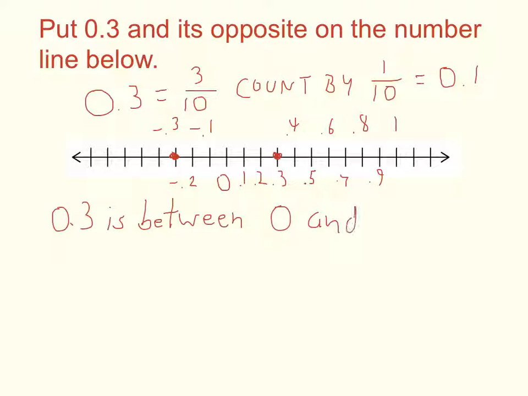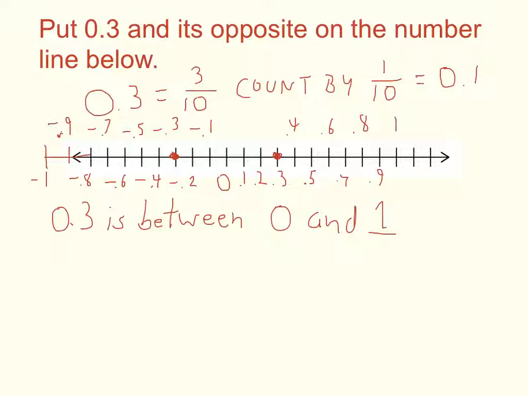If I go in the opposite direction, the negative direction, negative 0.4, negative 0.5, negative 0.6, negative 7/10, negative 8/10, uh-oh, ran out of number line, negative 9/10, and negative 1.